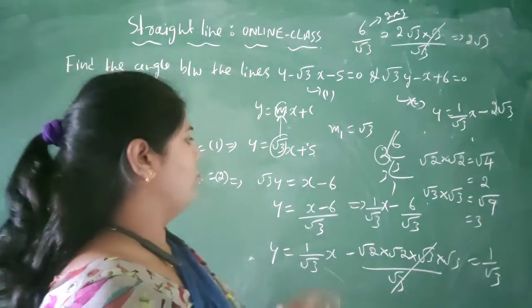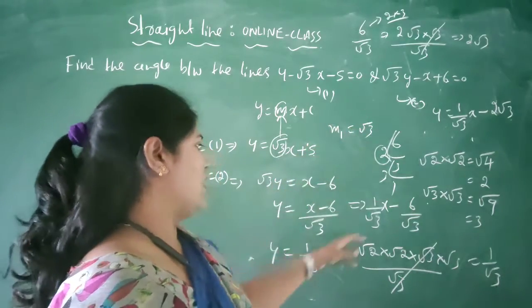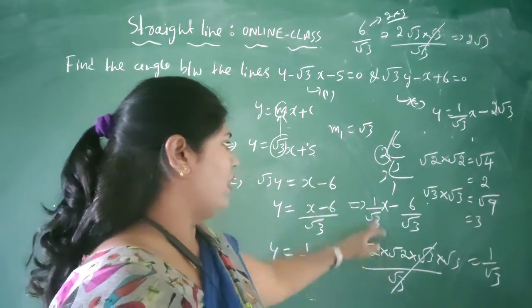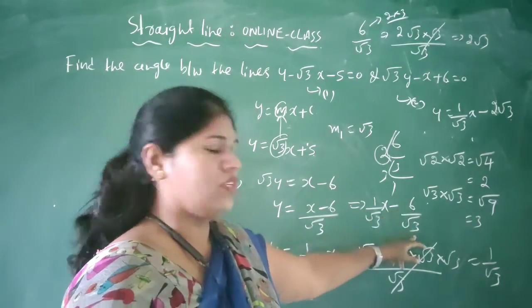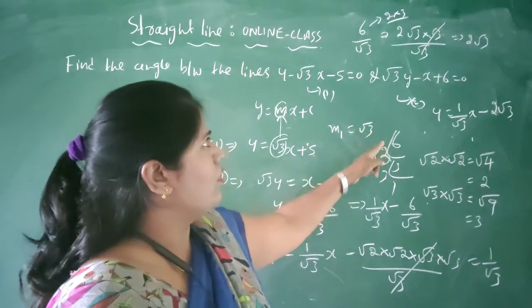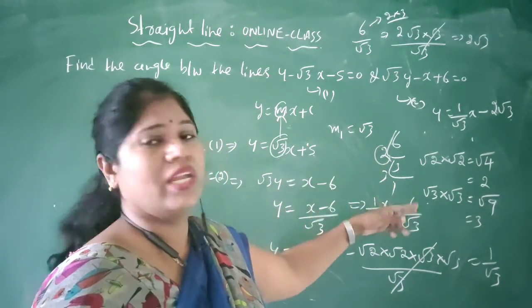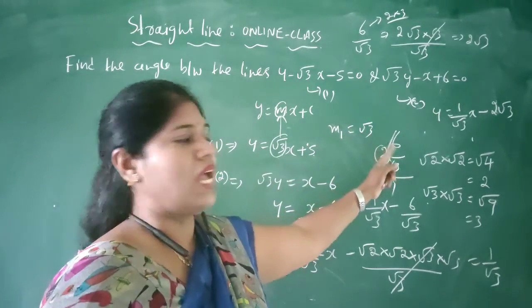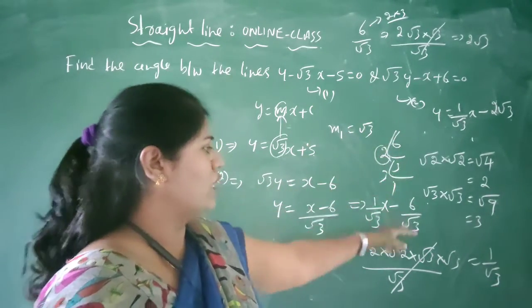So we got the second equation as 1 by root 3 x minus 6 divided by root 3. So 6 can be written as 2 root 3 into root 3. So root 3 will get cancelled. You will get 2 root 3.